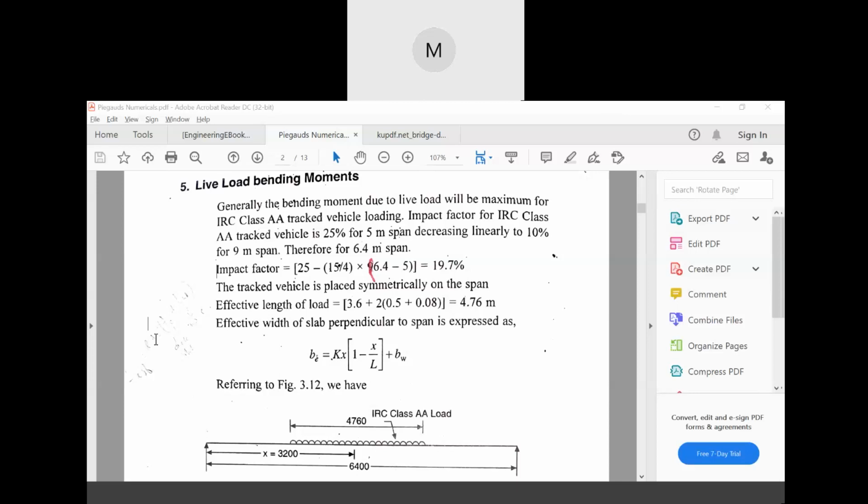For 5 meter, it is 25%. Then for 6.4 meter, we don't know. And for 9 meter, it is 10%.